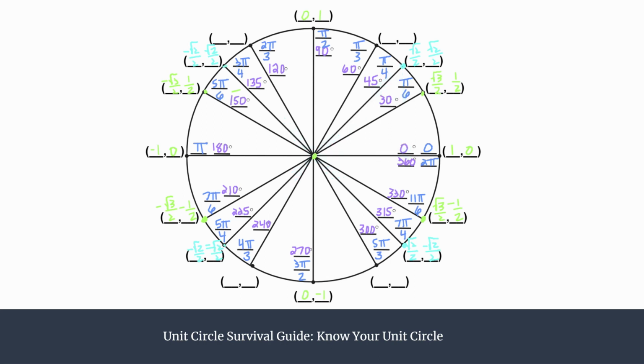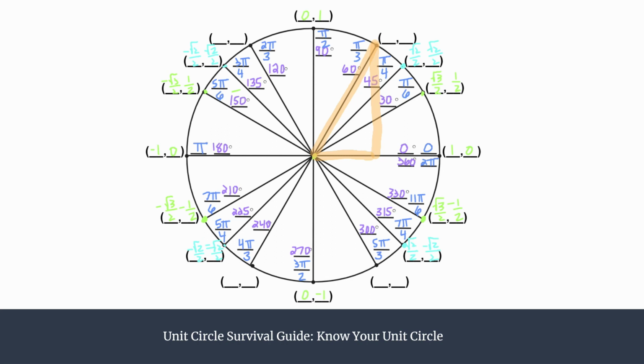All right, finally we'll be filling in the coordinates for our pi over 3, or 60-degree reference angle. And that comes from a 30, 60, 90 triangle that's just been flipped and reoriented. So the values are the same, but they're just reversed because now our short leg is horizontal and our longer leg is vertical.